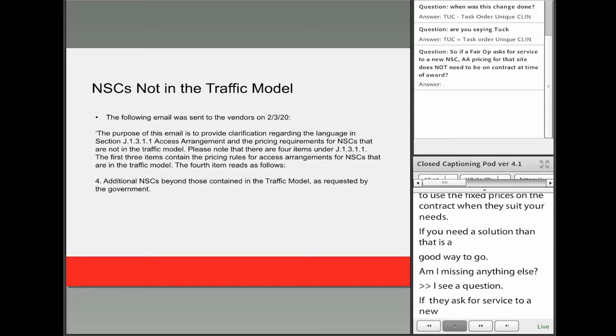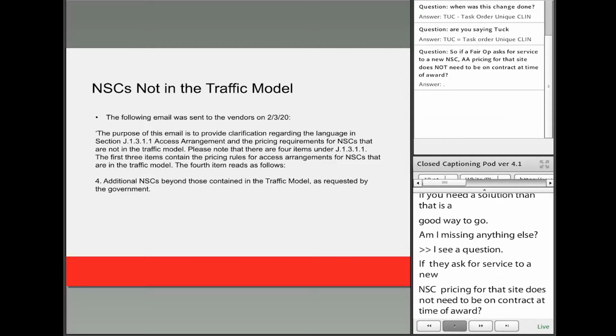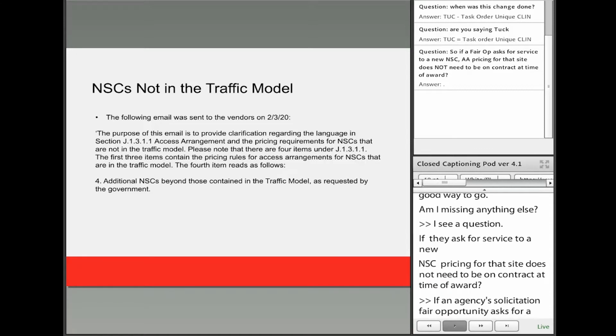If an agency solicitation, fair opportunity, asks for a service at a new NSC, I think by definition, we can agree, the access arrangement price isn't on the contract, but it must be added before you can award your task order.